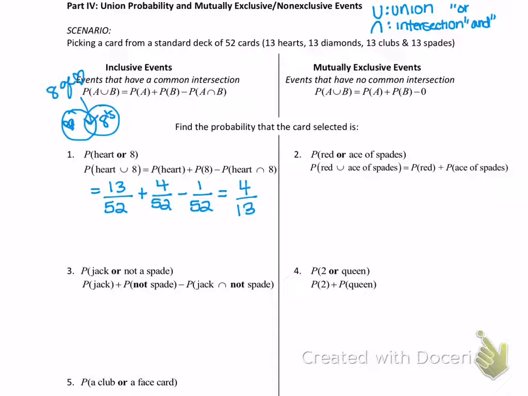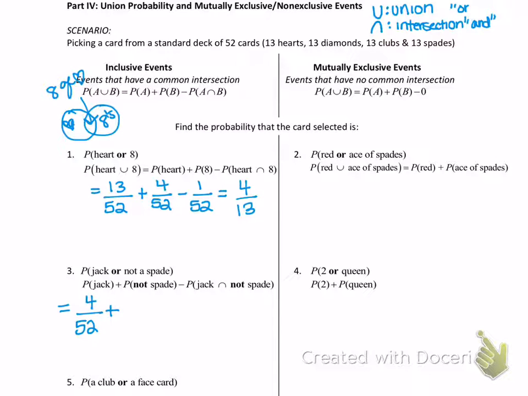Okay, so the next example says picking a jack or not a spade. We're going to do the probability of jack, probability of not a spade, and then subtract any jacks that aren't spades. The probability of choosing a jack is 4 out of 52.